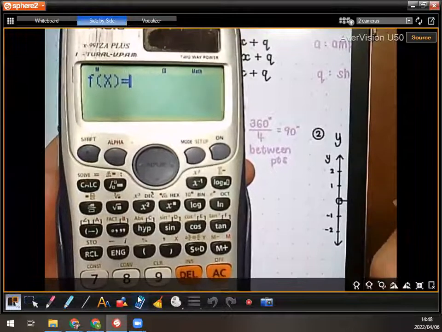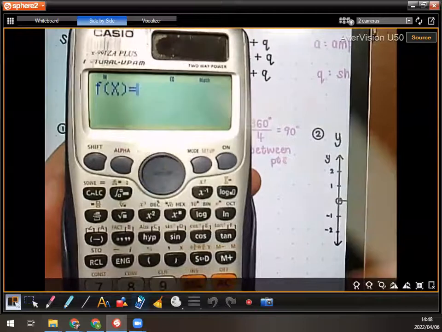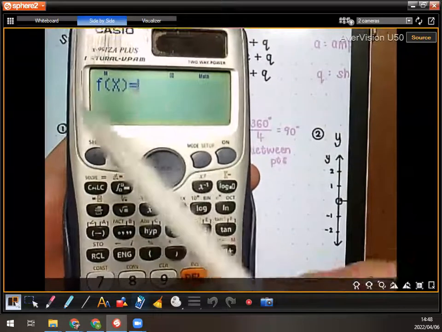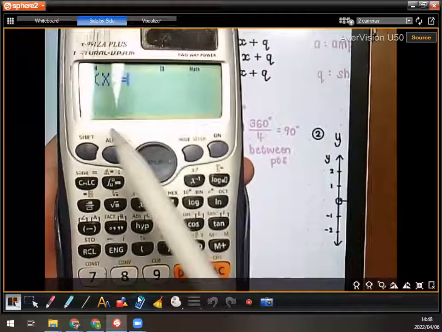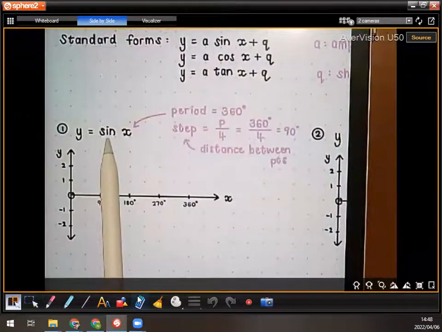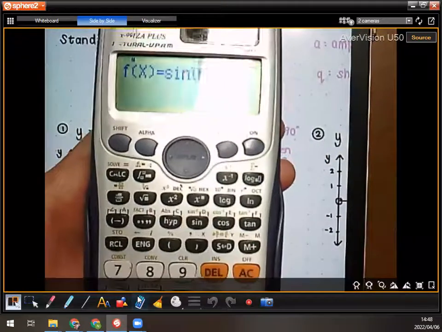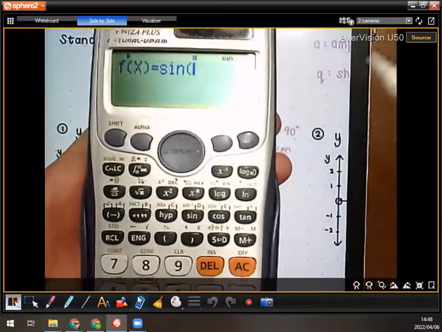Guys, last year you learned function notation, all right? And you were supposed to learn that f of x just means y. All right. So now what we're going to do is we're literally going to type in the equation of the graph that we have to solve. So we're going to type in sine x. You're going to press the sine button, and now we need to type in an x.